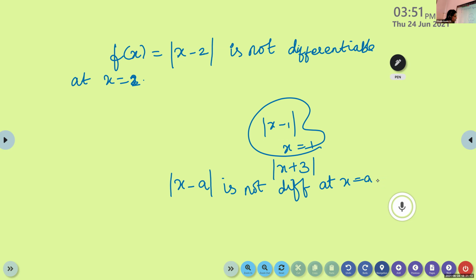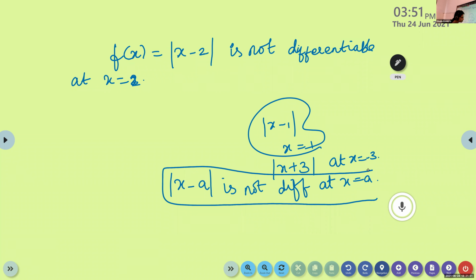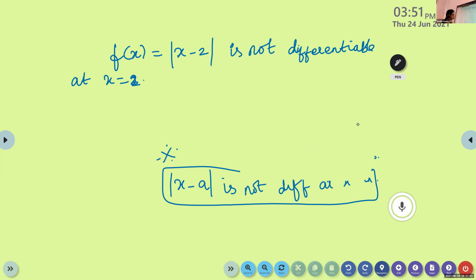My question is, if it is mod x plus 3, it is not differentiable at x is equal to minus 3. Yes, it is at x is equal to minus 3. Write this down in your textbook. Last year also we have learned this. Mark it as a very important question. Modulus of x minus a is not differentiable at x is equal to a.